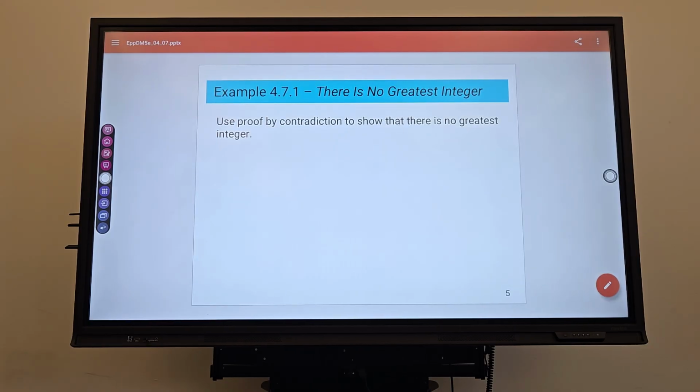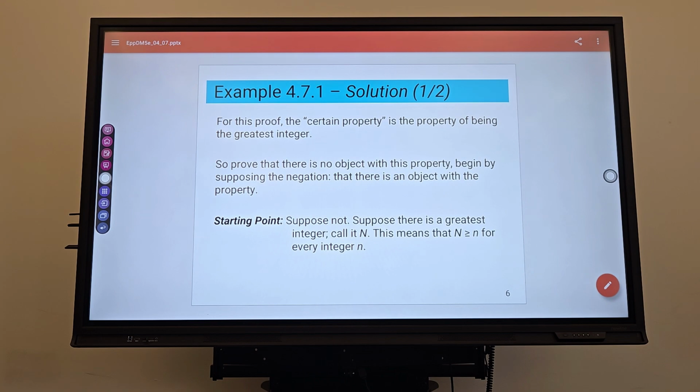Use proof by contradiction to show that there is no greatest integer. Well, for this proof, the certain property is the property of being the greatest integer. So prove that there is no object with this property. Begin by supposing the negation, that there is an object with the property. Suppose not.